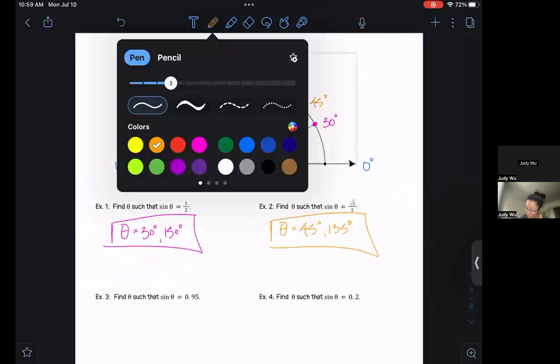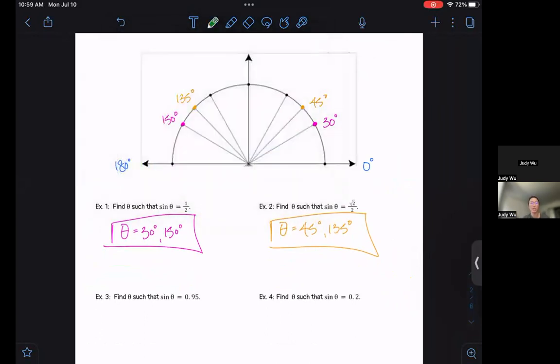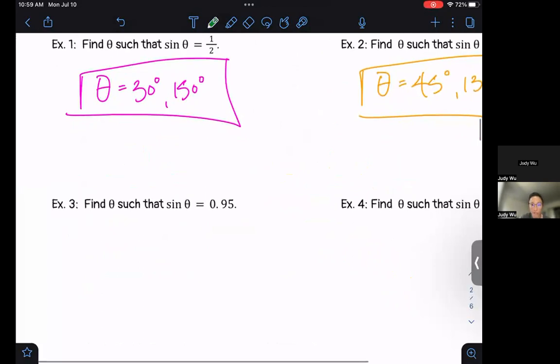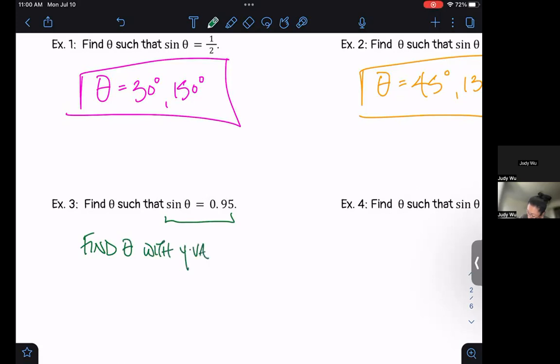All right, let's choose another color, maybe dark green for example 3. Find theta such that sine theta is 0.95. Now, 0.95 is not one of our usual nice y values, but really this means find theta with y value of 0.95, okay?